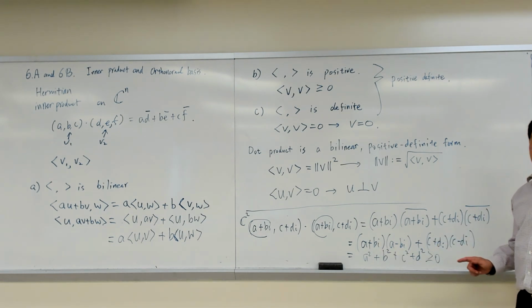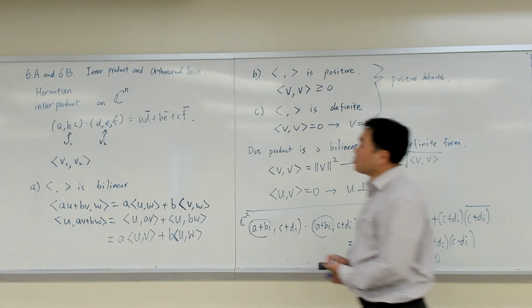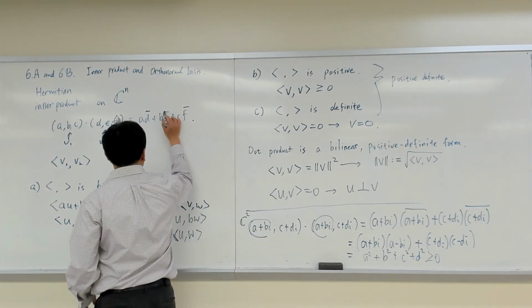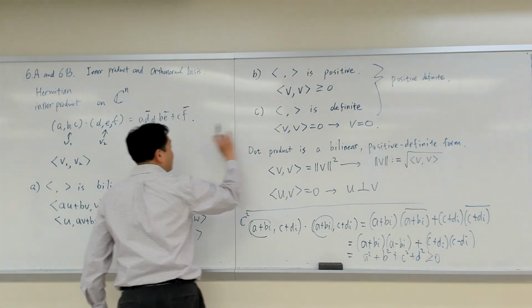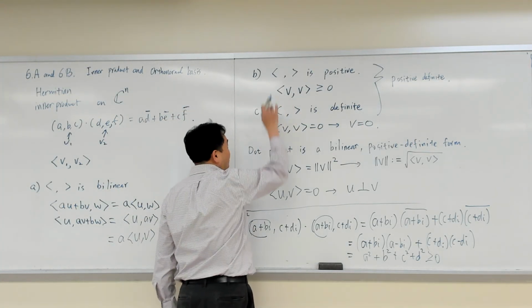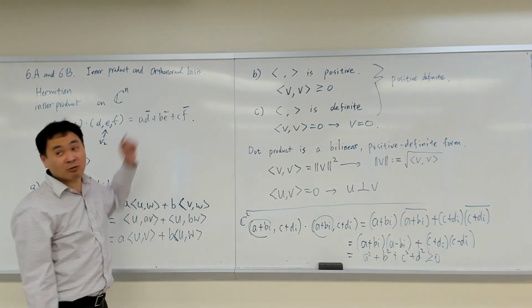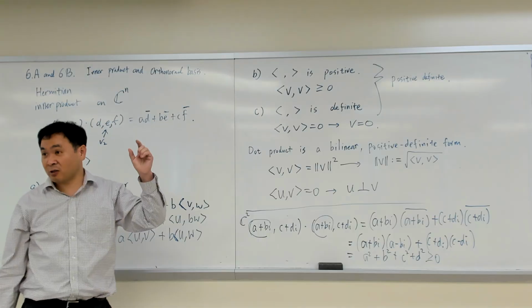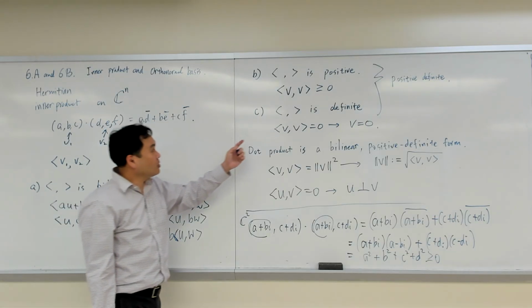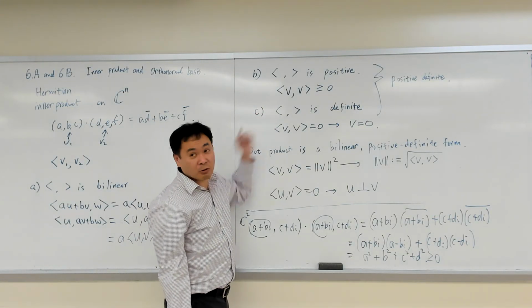So the reason that you want to put a bar over here is so that you can still talk about positive definiteness. You can only talk about positive definiteness when you have the complex conjugates in the second part. So these two properties are still preserved.